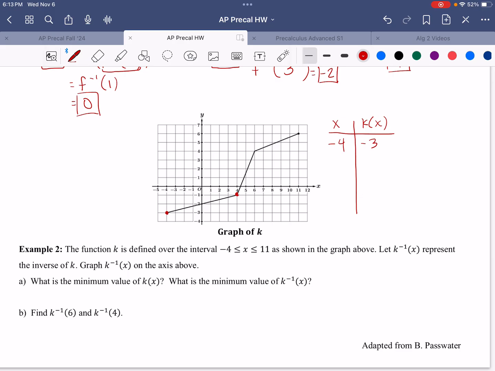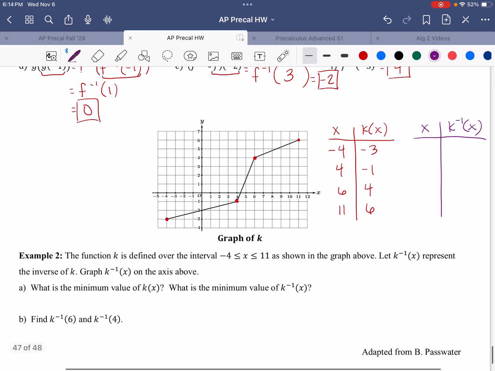So I'm going to pick the points -1, 6, 4 here, and then the other endpoint 11, 6. So then for the inverse, I'm going to go ahead and change the x and y's, just switch them. Inputs become the outputs. And then let's go plot those points.